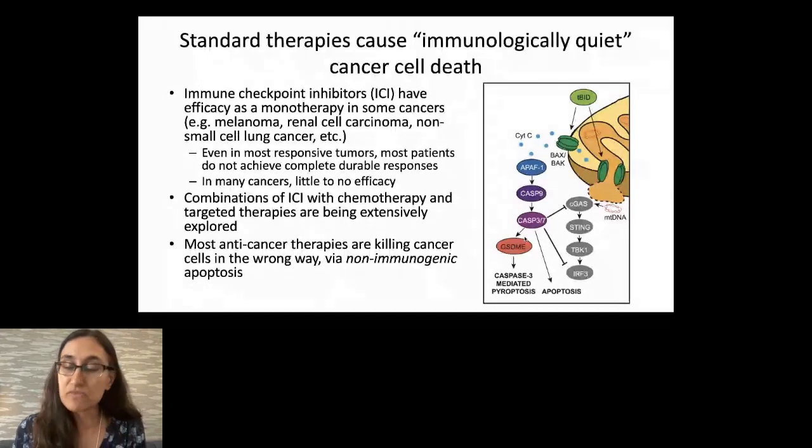But even there, even in the most responsive tumors, most patients don't achieve complete durable responses. And in many cancers, there's little to no efficacy at all. So there are many efforts to try to combine traditional therapies, chemotherapy and targeted therapies, with immune checkpoint inhibition.